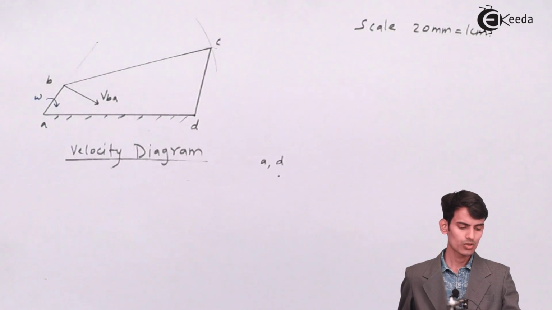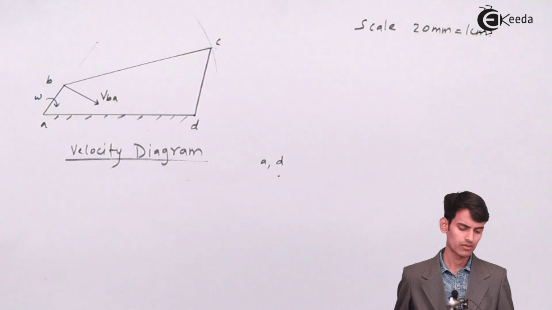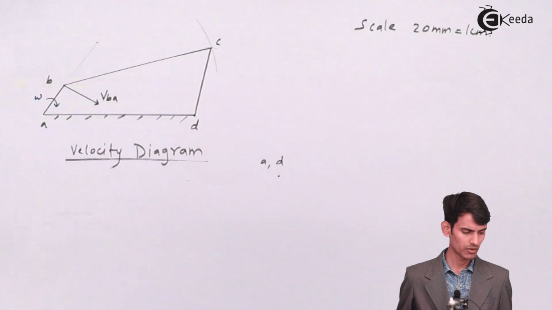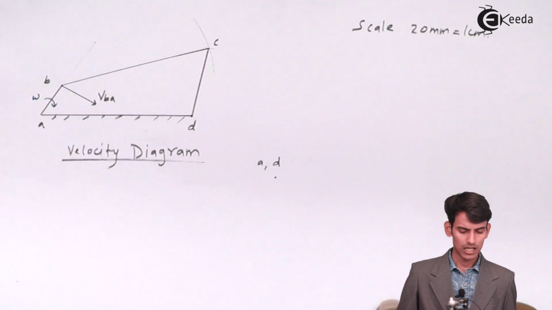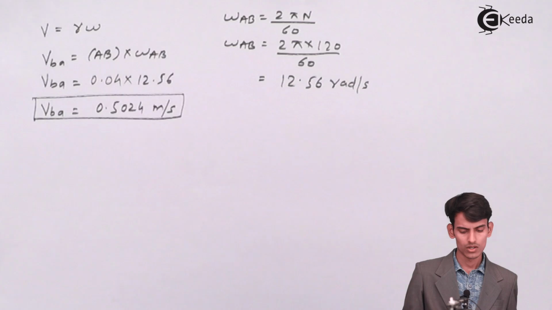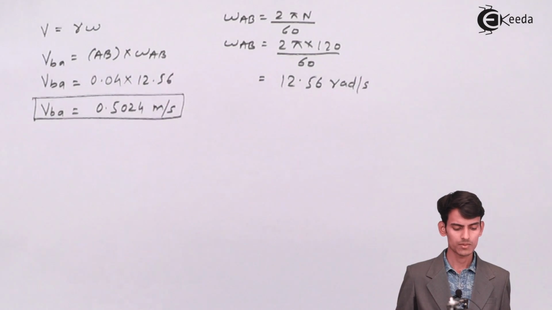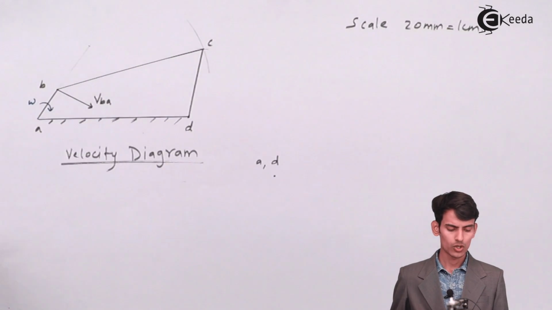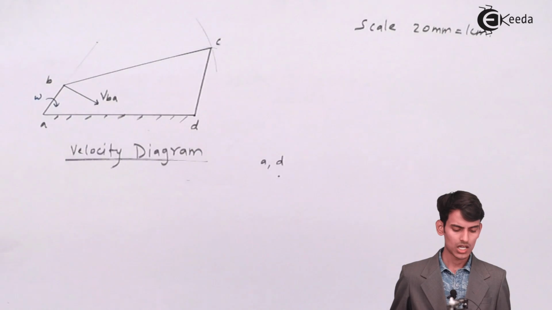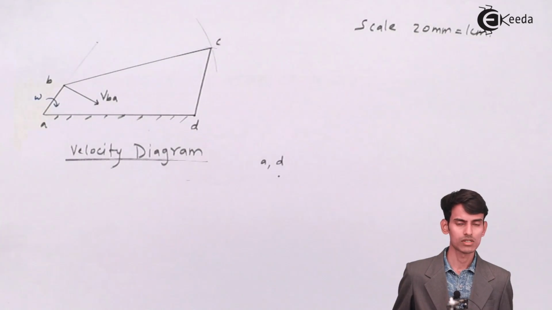Now you can go on to calculation of the velocity of B with respect to A. We have already calculated it, and the value comes out to 0.50. We also know the direction of velocity of B with respect to A. Now you can plot the vector selecting a suitable scale.